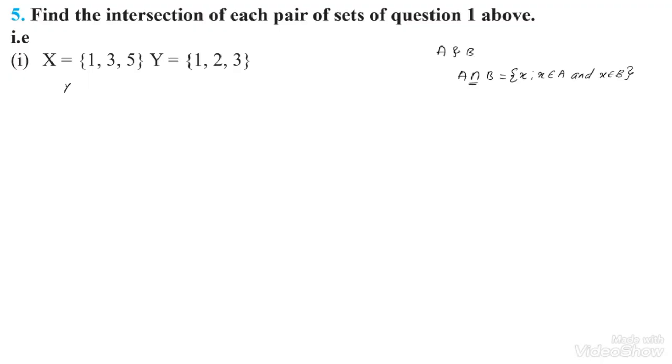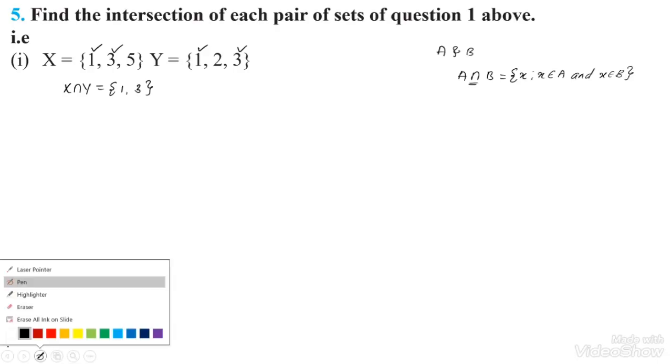Okay. Here X intersection Y is equal to, what are the elements which are common to both the sets? Here 1, 1 and 3, 3. 1 and 3 are the elements which are present in both the sets, or the elements 1 and 3 are common to both the sets.